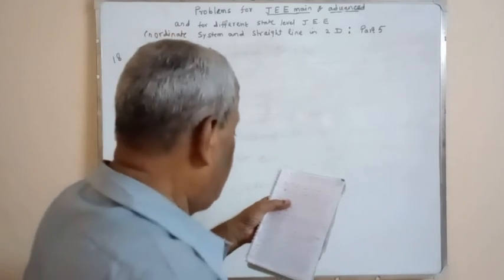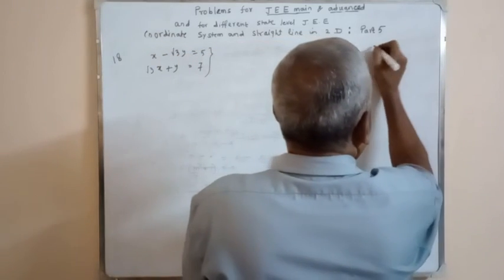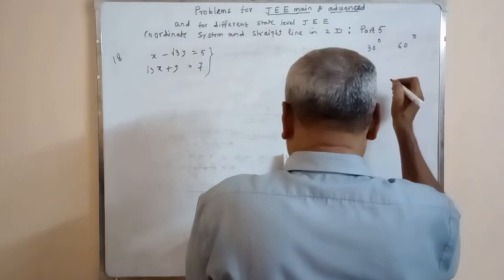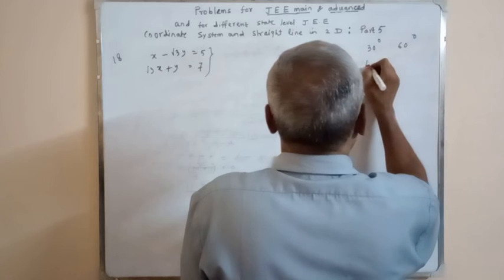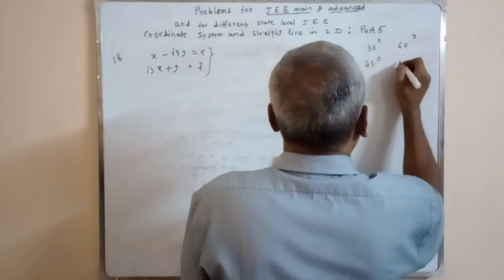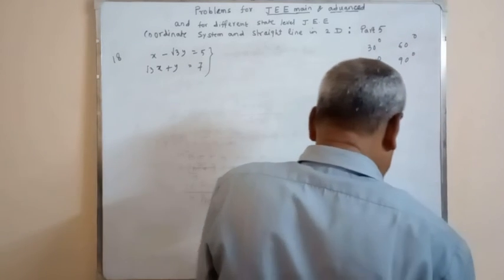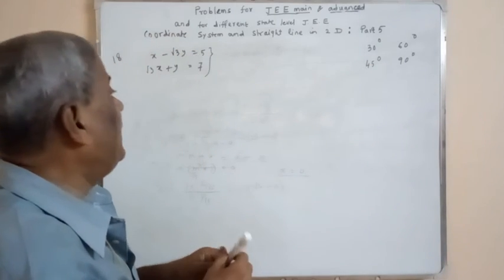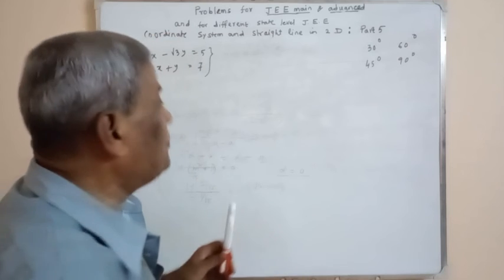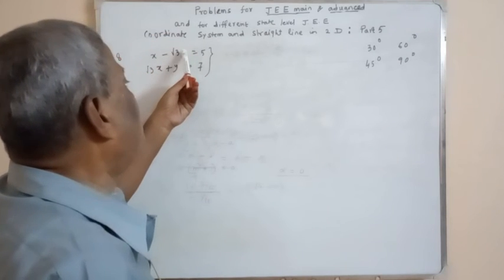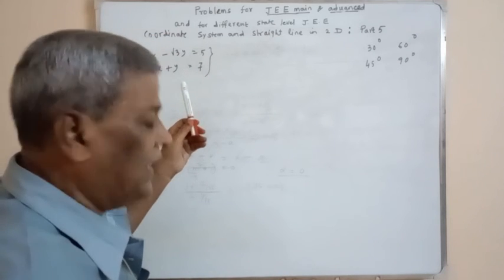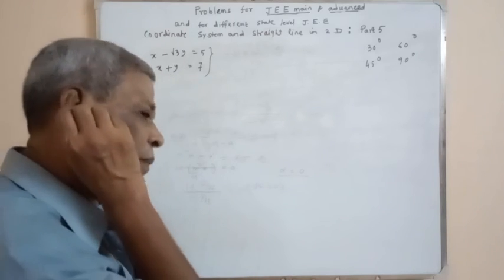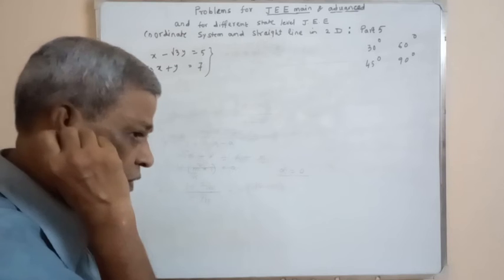So options: 30 degree, 60 degree, 45 degree and 90 degree. To solve this type of problem, find gradient of that straight line, m1 say, and gradient of that straight line, m2 say; obtain those very easily from the equation.